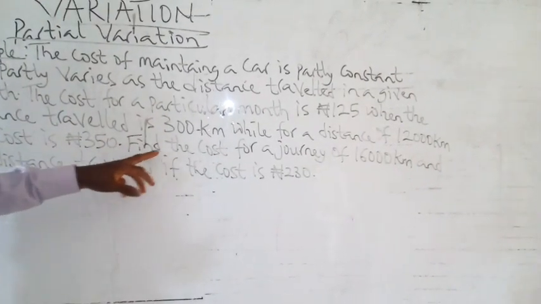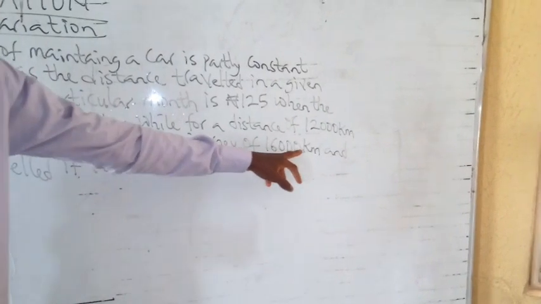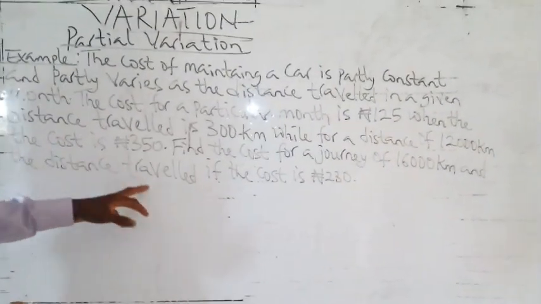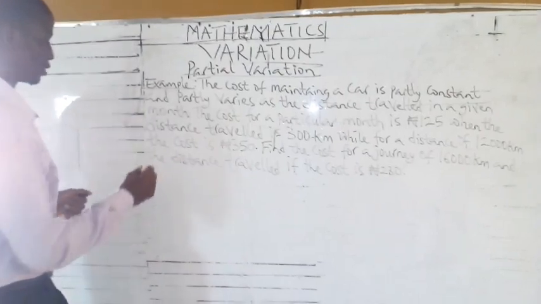Now, find the cost for a journey of 16,000 kilometers and the distance travelled if the cost is 230 naira. Solution.